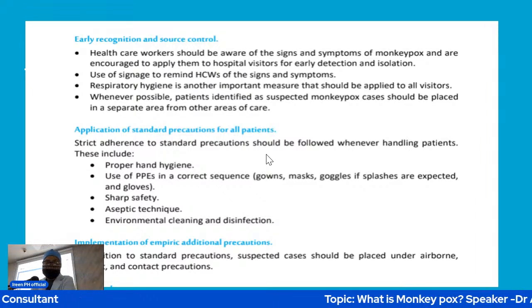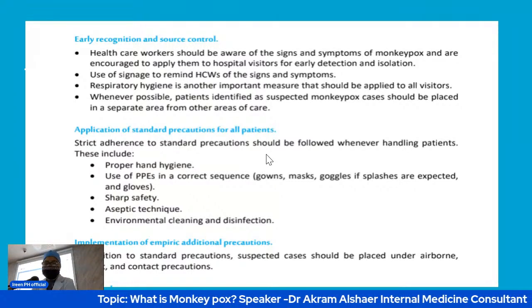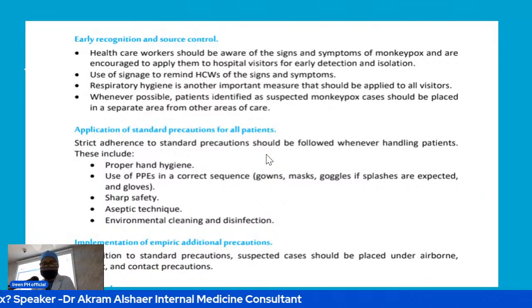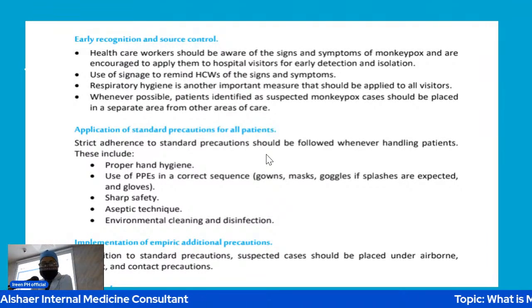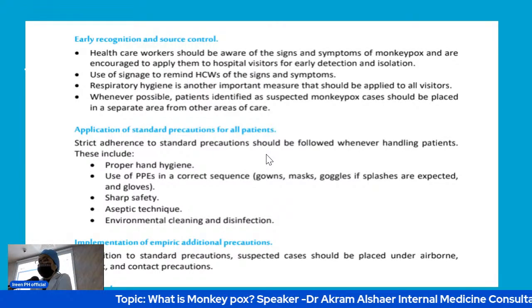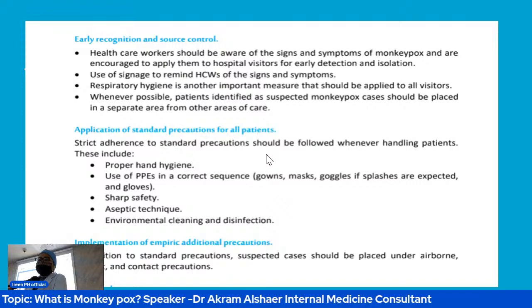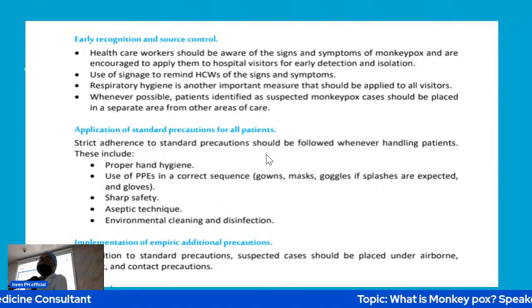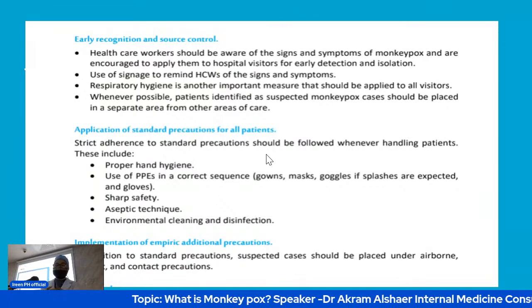Application of standard precautions for all patients. Strict adherence to standard precautions should be followed whenever handling patients. These include proper hand hygiene, use of PPE in the correct sequence, meaning the application of your donning and doffing, which I provided you, most especially in your isolation area, with precautionary signage posters available.